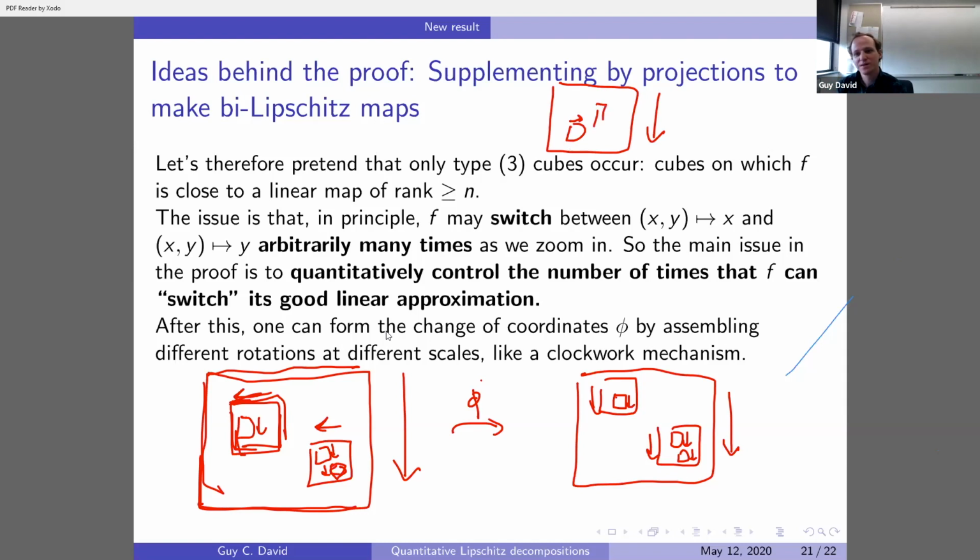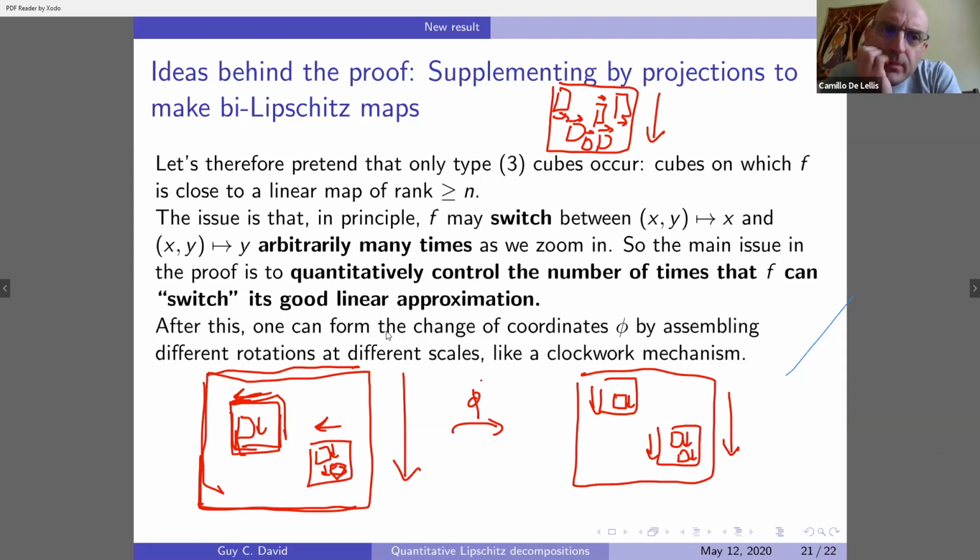But what we show is that these cubes cannot fill up the whole larger cube. They cannot be too dense inside the larger cube. There has to be some quantitative bound; they can fill up 99% of the area, but not 100%.